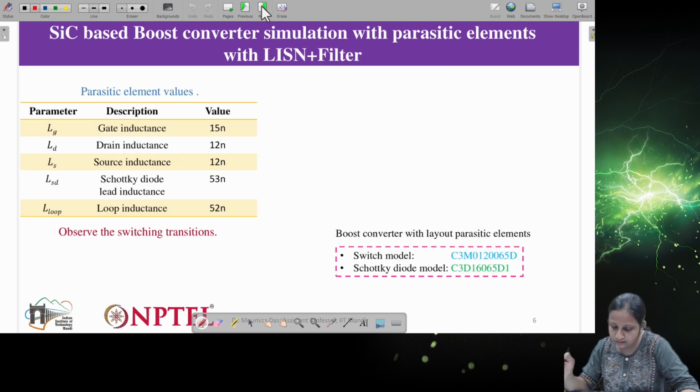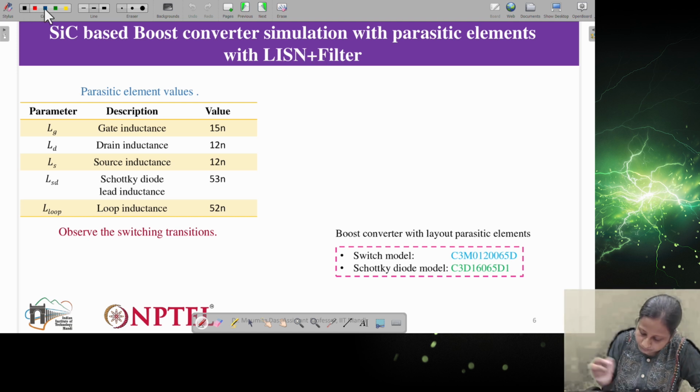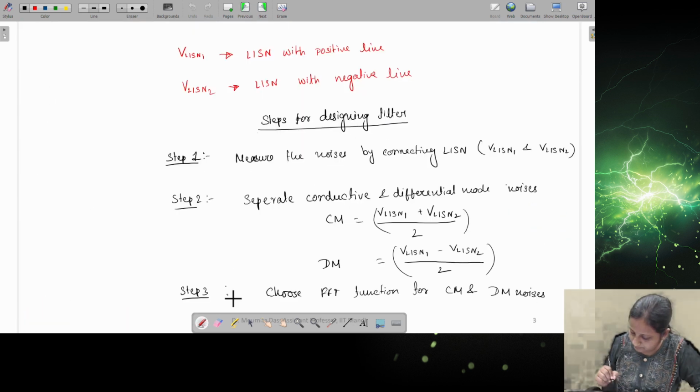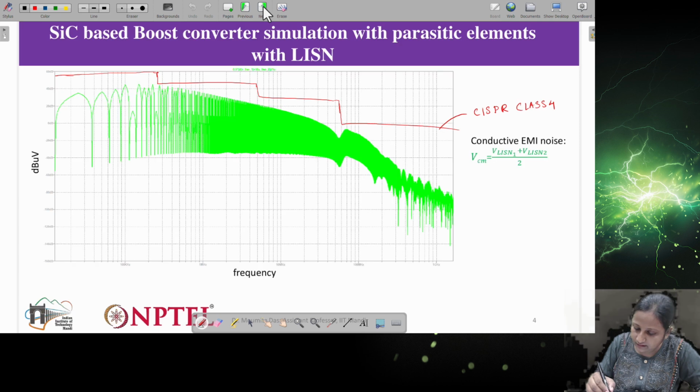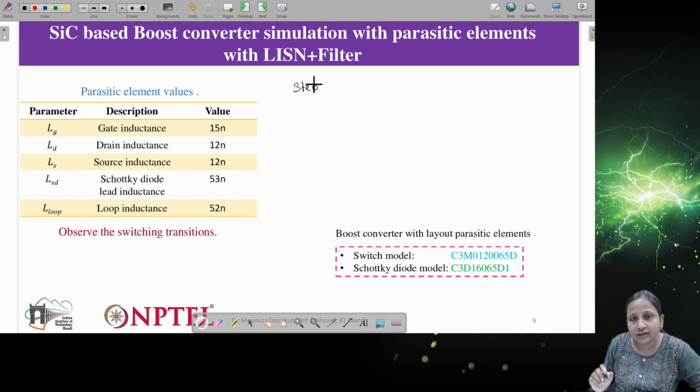So then what we have to do is follow the steps. Till step 3 you got the noises.